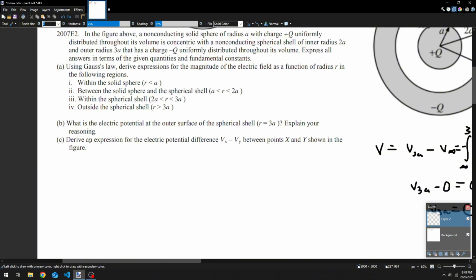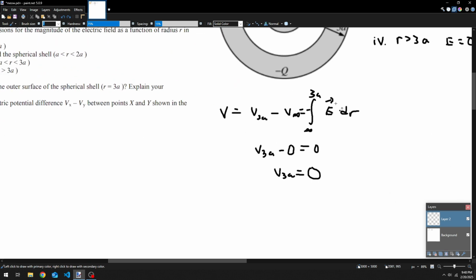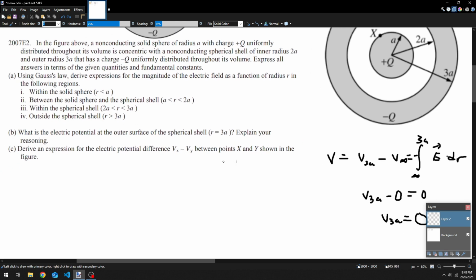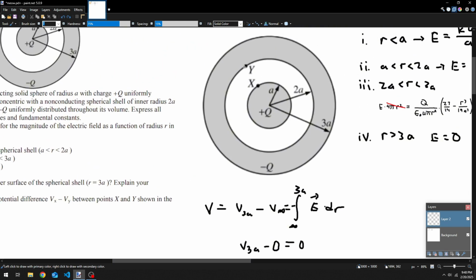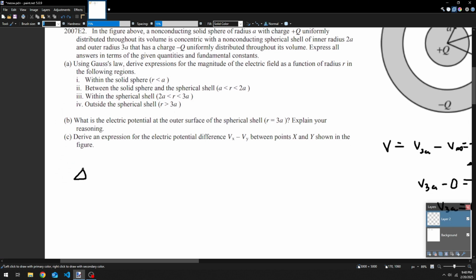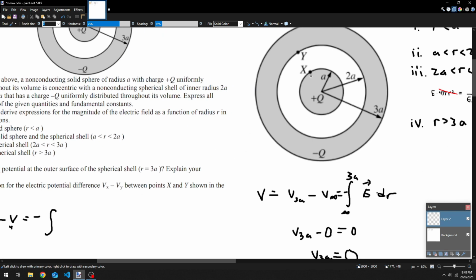Part C says derive an expression for the electric potential Vx minus Vy. We can use something very similar to this to find the difference between x and y, here and here. So we can just say the difference V equals Vx minus Vy, which will equal negative the integral, and the radius at x is a.